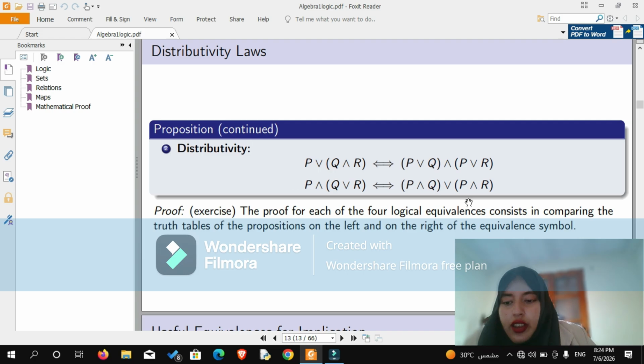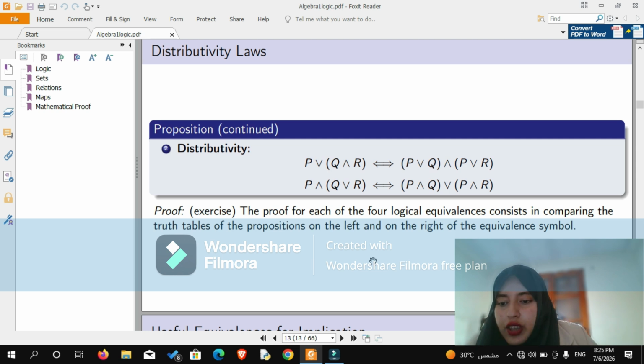Distributivity: I will give you a simple example. Like 2 times (3 plus 1), we can distribute the 2 between the 3 and the 1. So we can distribute multiplication over addition.